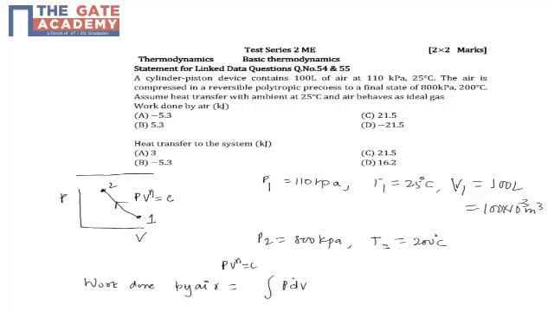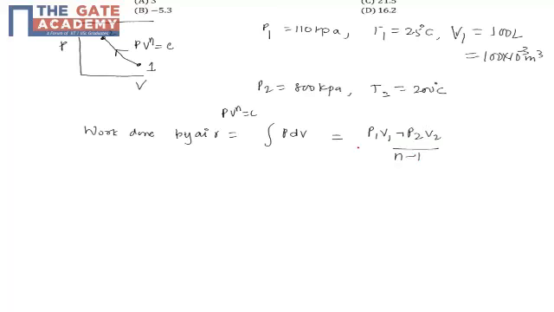So if you use this law and integrate PdV, after some bit of math, the final thing which you get is (P1 V1 minus P2 V2) by (n minus 1). So n is your polytropic exponent. P1 V1 minus P2 V2.